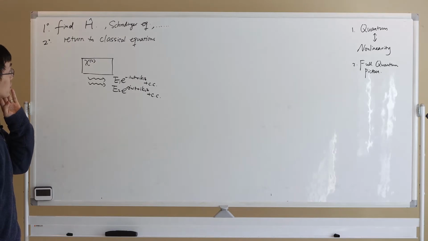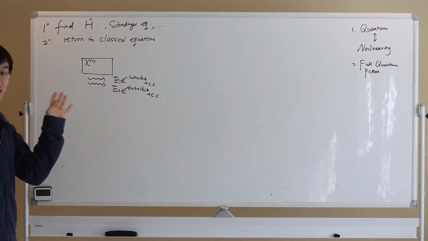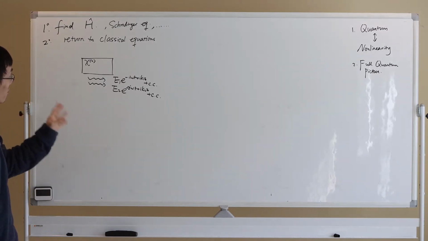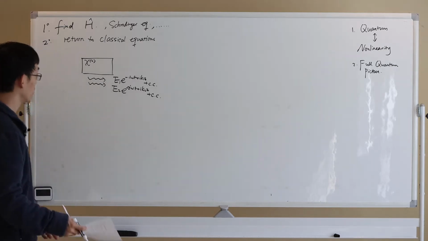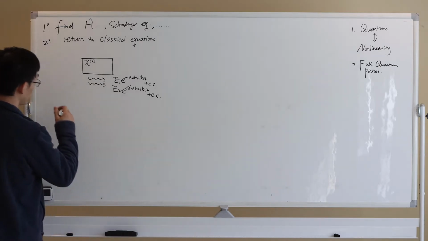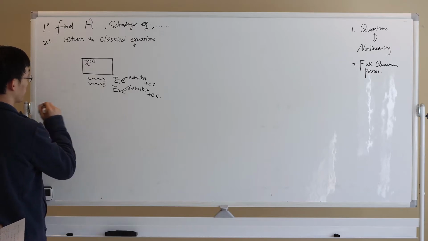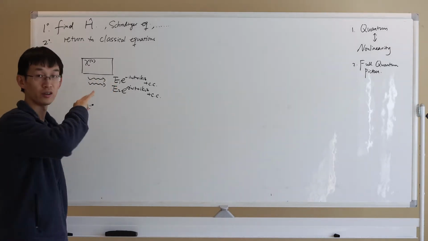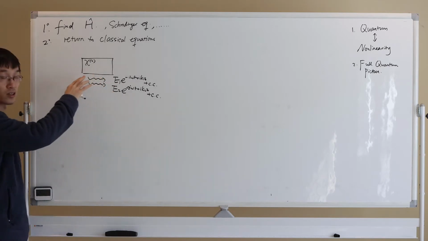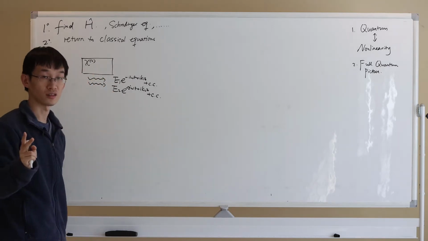I want to give you the answer at the very beginning: how can you write down the Hamiltonian in a very quick way? The intuitive, physical picture is that when you consider two waves in this Chi2 material, there are two processes happening.